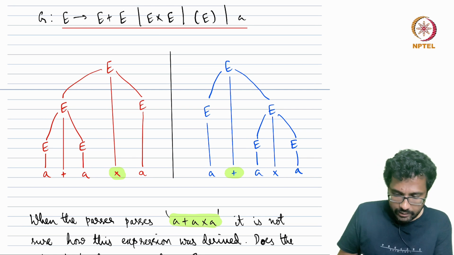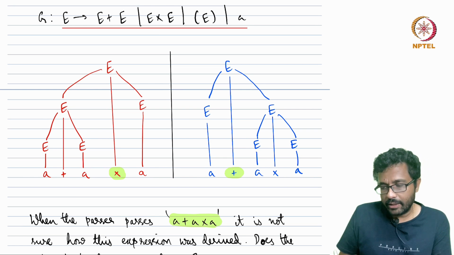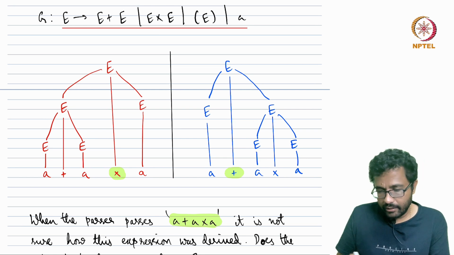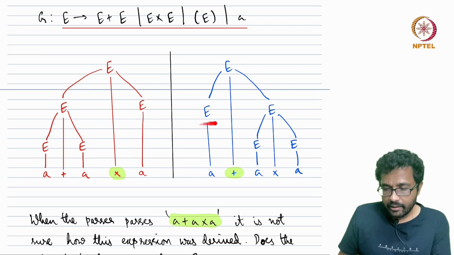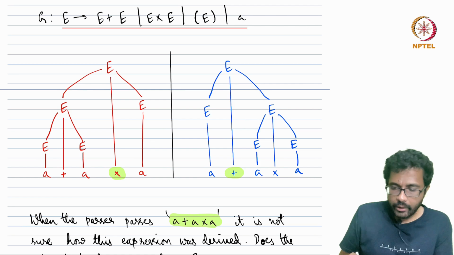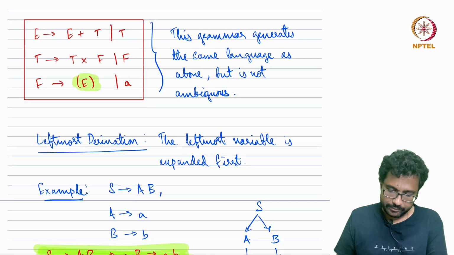On the left side, E gets replaced by E multiplied by E first. On the right side, E gets replaced by E plus E first. Now, even if we do everything leftmost, they are structurally different. That is why the tree is different.